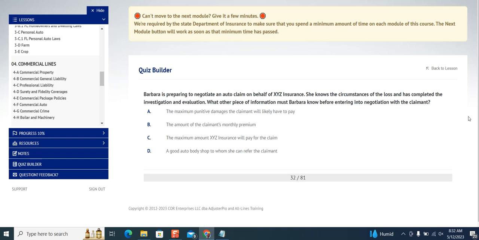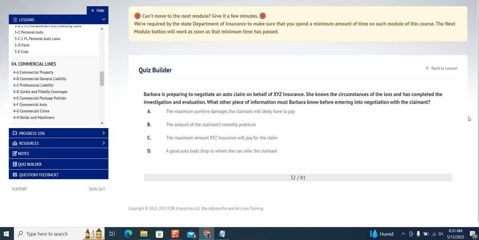Okay, she's preparing to negotiate an auto claim on behalf of XYZ Insurance. So, what do I know? What must she know before entering the negotiation? The maximum punitive damage the claimant will likely have to pay. That's a court case, so she isn't in court.